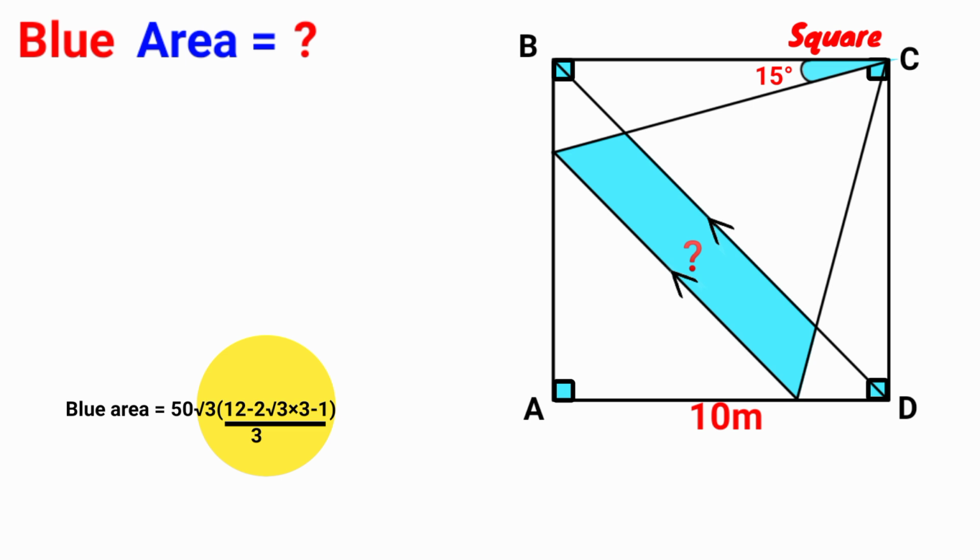Minus 2 root 3 times 3 is minus 6 root 3. This 12 minus this 1 is 11. So it is 11 minus 6 root 3 all over 3. Therefore, blue area equal to 50 root 3 open bracket 11 minus 6 root 3 all over 3 meters squared.